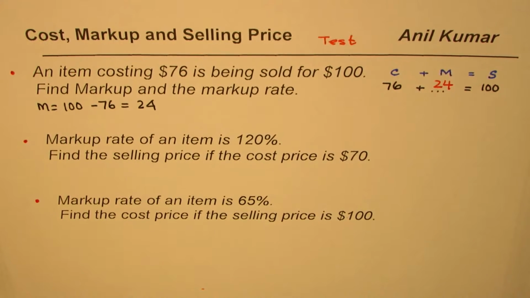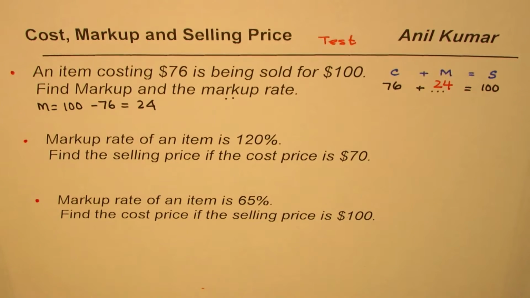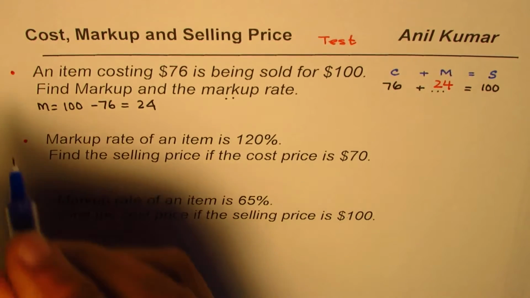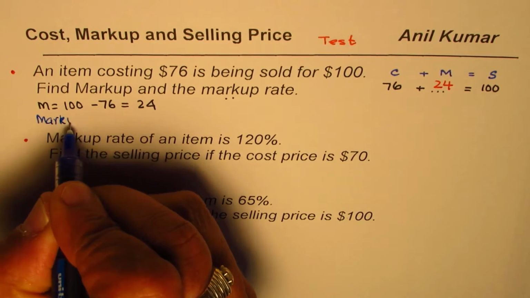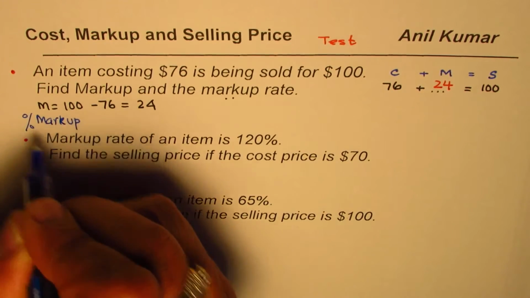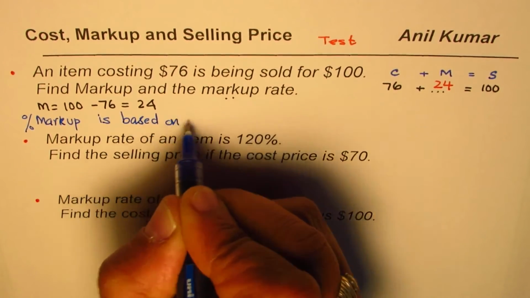Now the second part of this question is to find the markup rate. As you know, markup rate is based on cost. Let me write down here, markup rate or percent markup is based on cost.